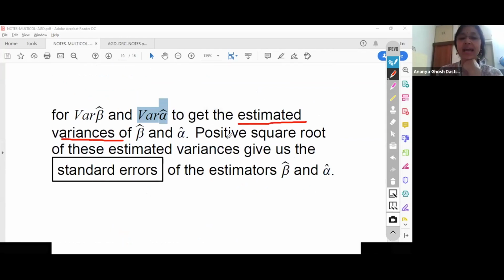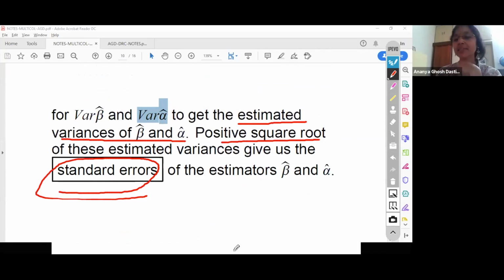And the positive square roots of these estimated variances give us the standard errors of the estimators beta hat and alpha hat. Ooh, is that too many random variables and too many estimators and too many standard deviations? Okay, I get you. Let's cut to some data.